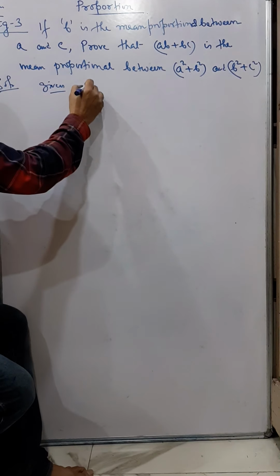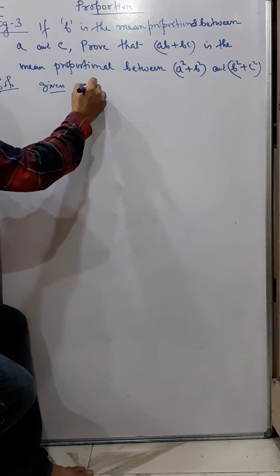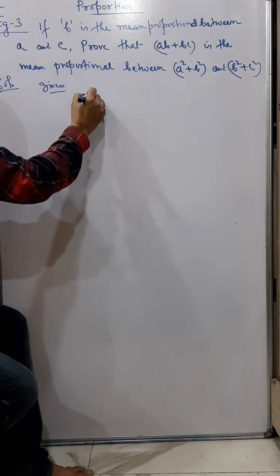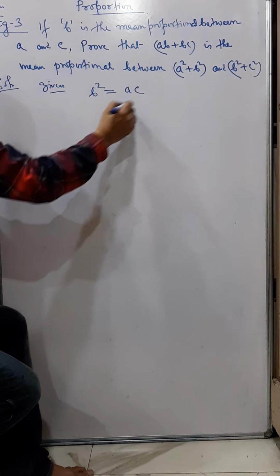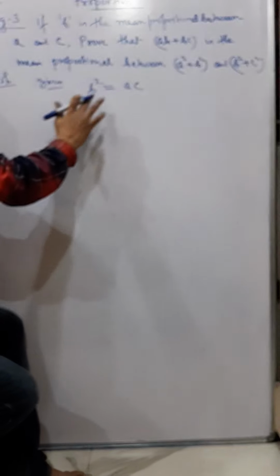Now given, B is the mean proportion between A and C, so according to that we know that B square is equal to AC, right?